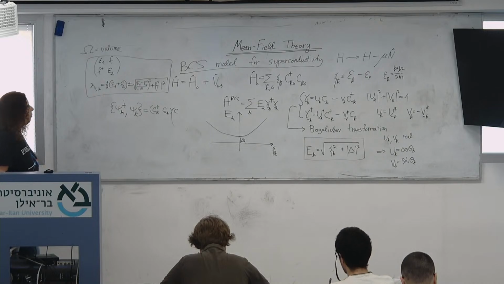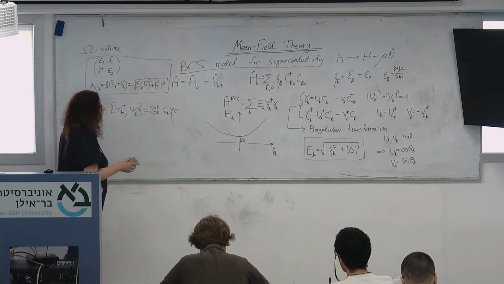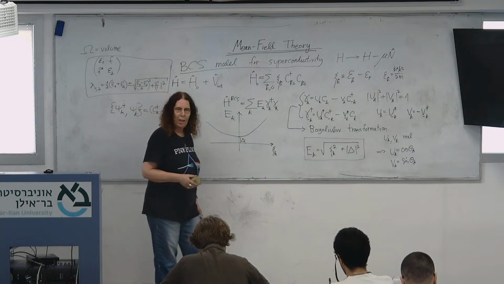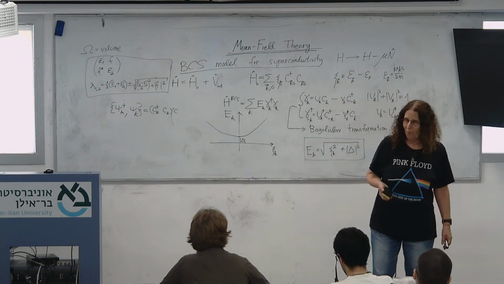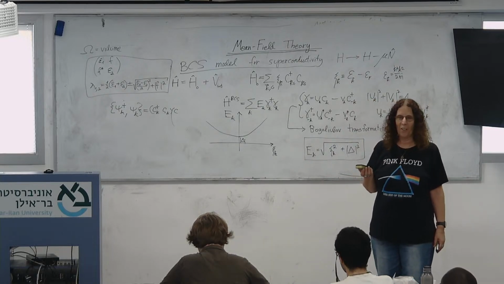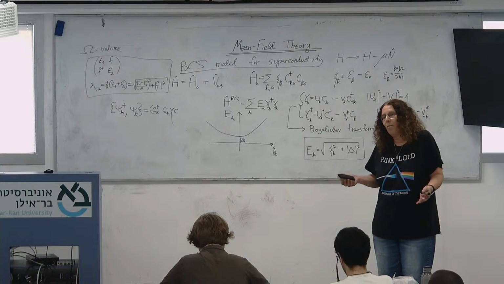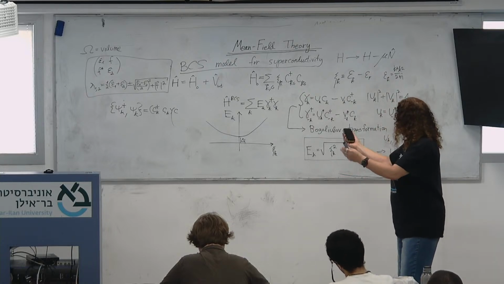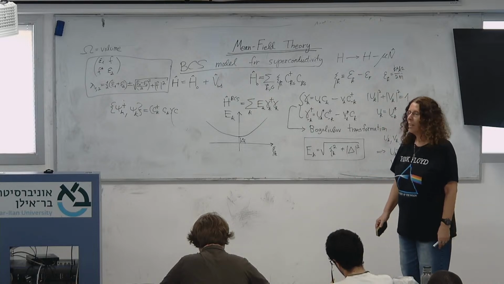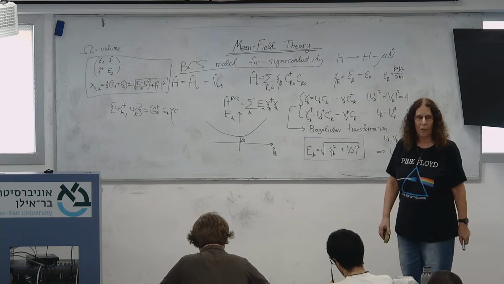Okay, so far, what did I actually tell you? It looks like I'm playing a game that I still owe you a justification. What have I done? I assumed that there is some ground state for which some combination of operators has a finite expectation value.